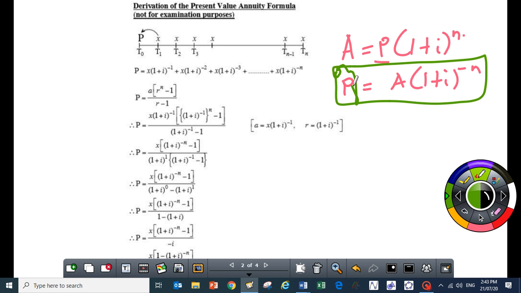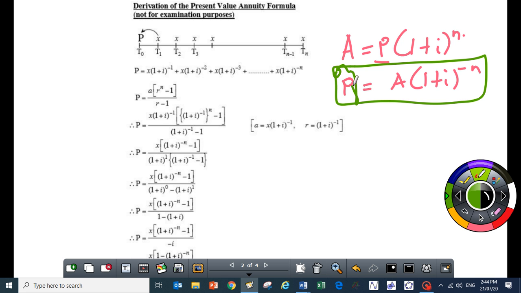Okay, then in most cases, when you're dealing with borrowing, in fact, I'll just say all cases, there is no way that you can borrow money and then on the day that you sign the paperwork, you start paying it off. It's not possible. You negotiate, in most cases, a month after the signing of the paperwork.